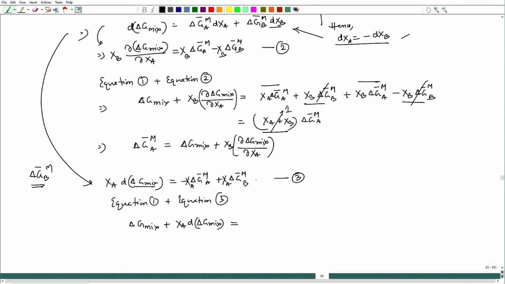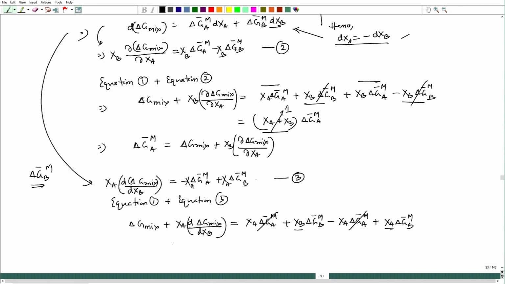Should be equal to x A delta G. Let me just write this expression. So, these two get cancelled. Now we have this.